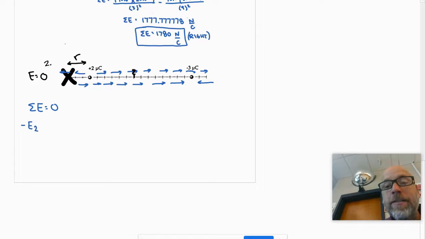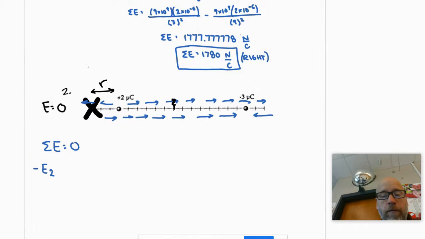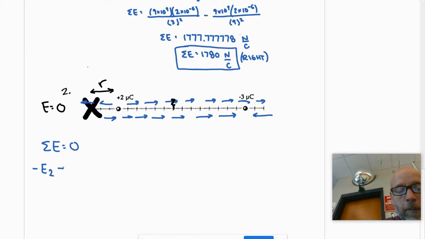And then the minus 3 charge is pointing which way? That's correct. It's pointing to the right. So I'm going to write that as plus E3 equals 0. So where those two are equal to each other, negative E2 equals negative E3.